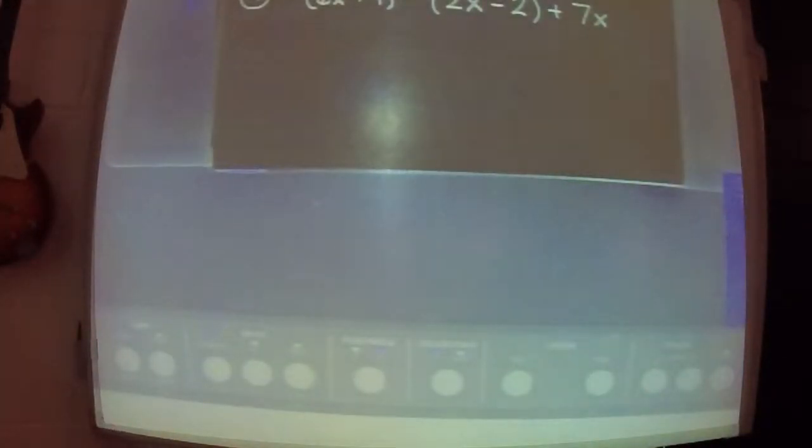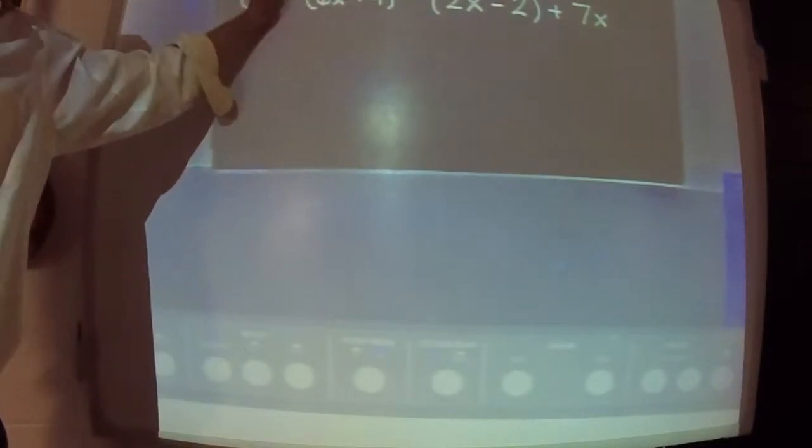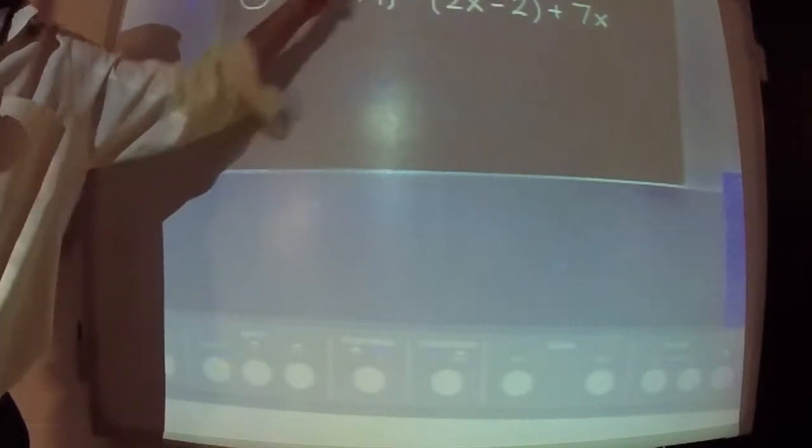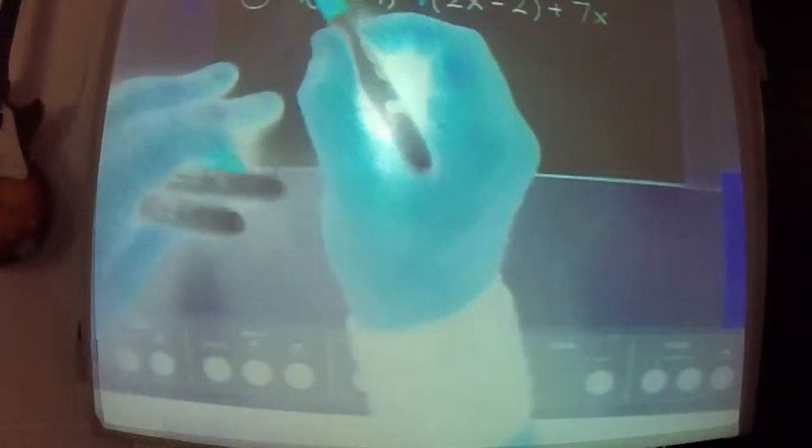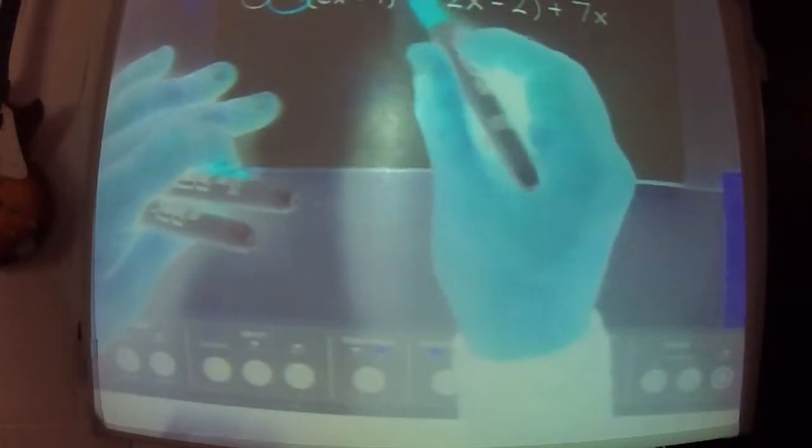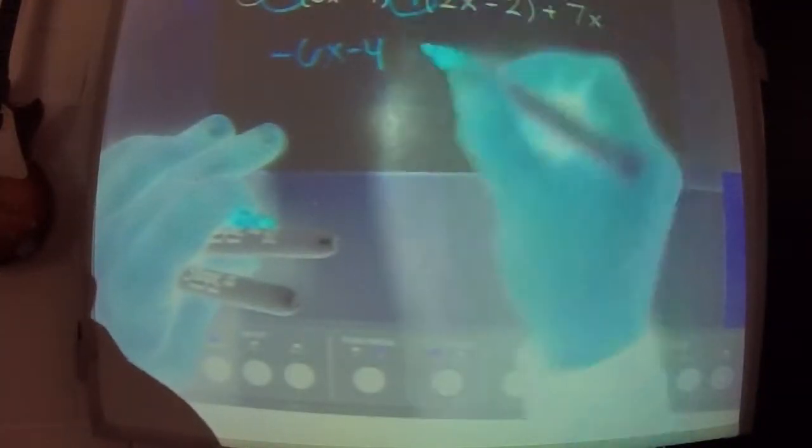And here's the one that I really want to stress. I was getting crazy answers last hour. Both of these things are missing a number out here. So what would you slide in? 1. Negative 1. Little ones, but they're not ones there. Negative ones. I like to circle them, especially at first, to remind me I don't distribute a 1. So this is negative 6x minus 4. And then this is negative 2x.